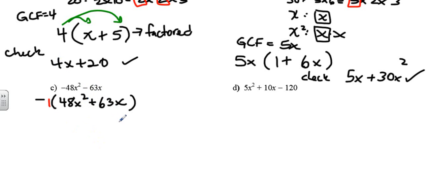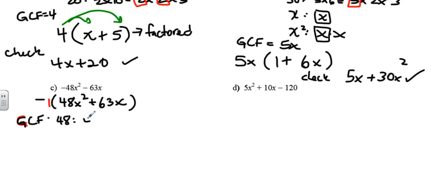So that's already factored a little bit, but we still have to see if there's a GCF of the numbers and letters. So let's see. The GCF of 48, let's start with 48.